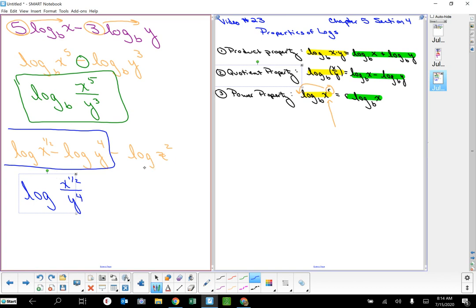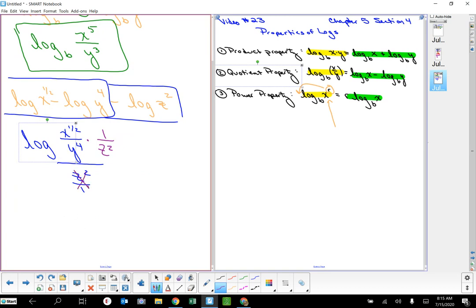And then if I divide again, I have z to the second, and that would be over 1. So make sure you do a keep change flip. So this will be 1 over z squared. And you can't have a fraction in a fraction, right? You got to simplify that. We learned that when we did our rational expressions. So now I have log of x to the 1/2 over y to the fourth z squared. And that's how that answer would look.